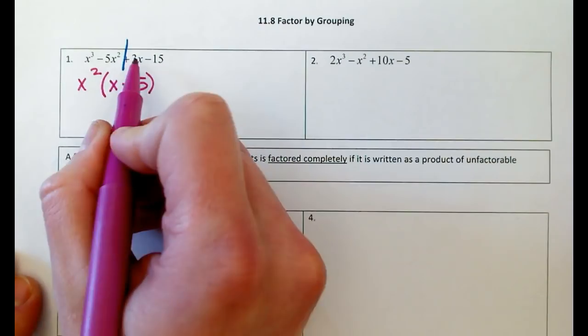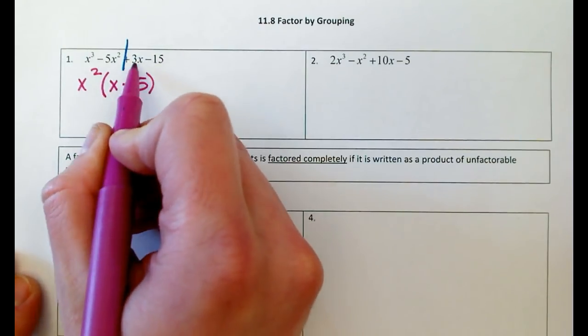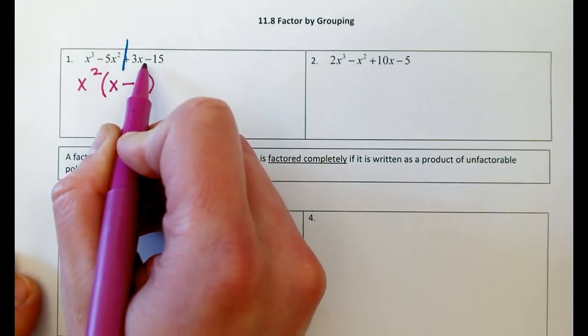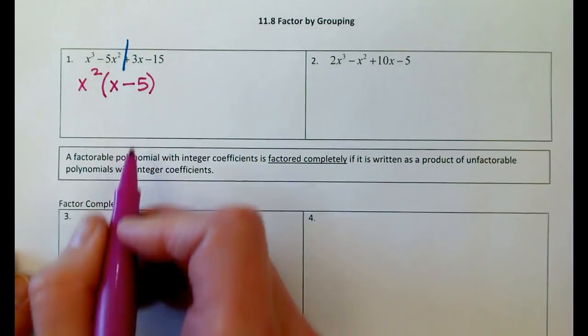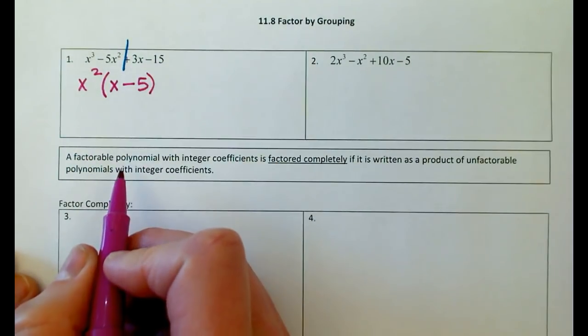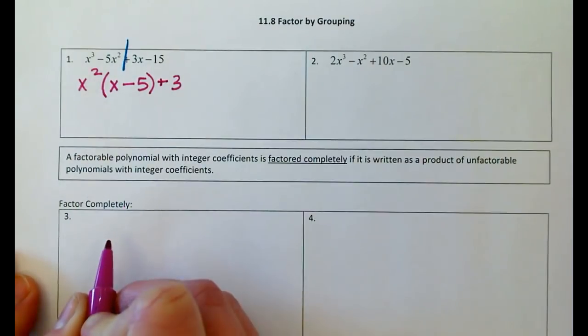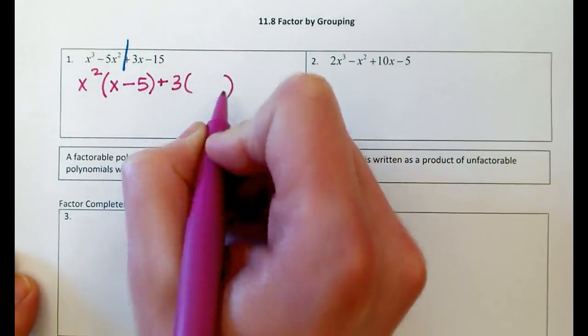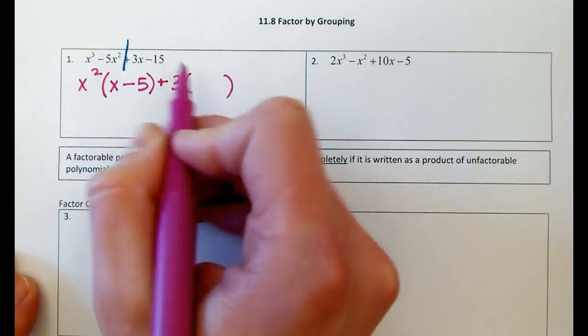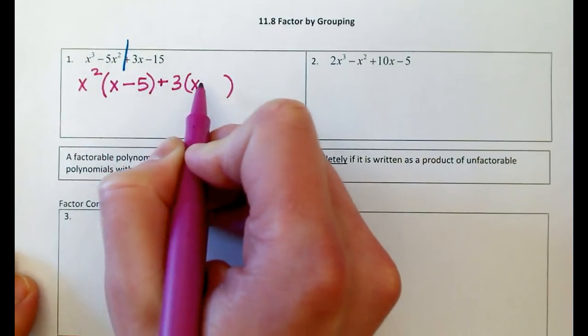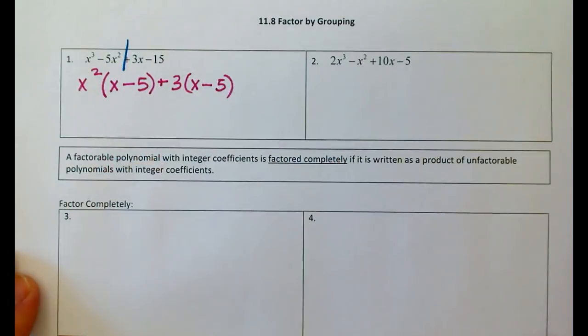Moving on to the second set of terms, between 3x and negative 15, we have a positive 3 in common. Factoring it out of those 2 terms, I'm left with x minus 5.